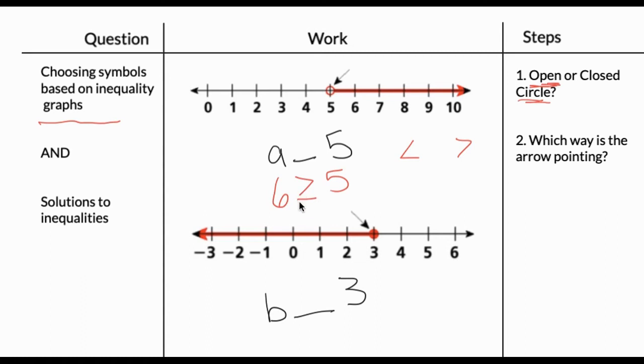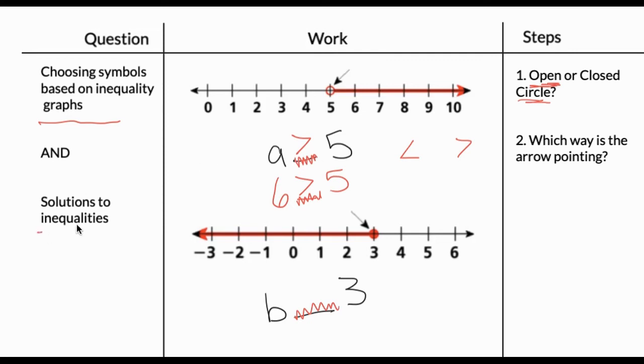So what that means is that in our inequality, A is greater than 5. Now, don't get confused here. I'm not trying to say it's equal to. This is just like a blank space to put in between. So in this one here, we have A is greater than 5.